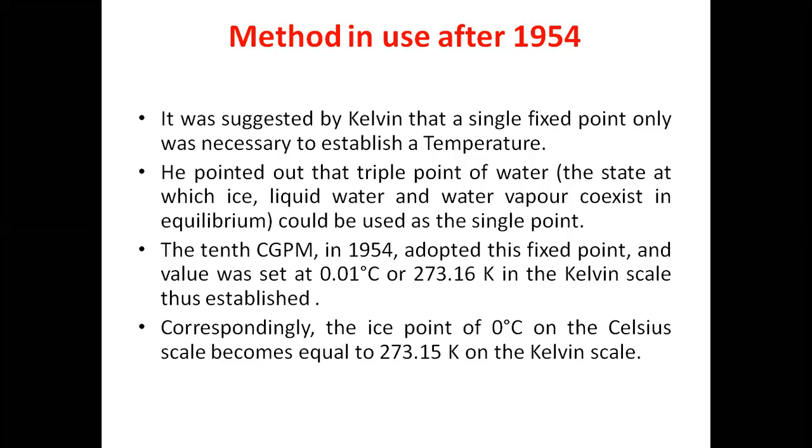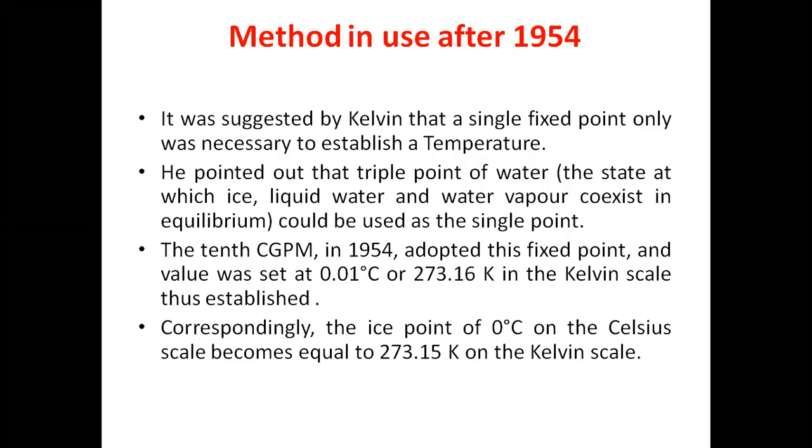He pointed out that there is one temperature known as the triple point of water, at which ice, liquid water, and water vapor all coexist in equilibrium. What is the temperature?